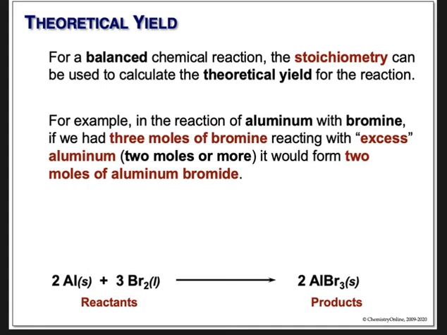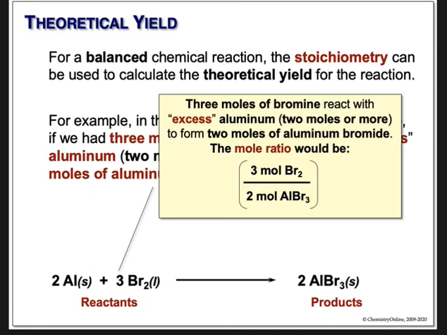If we have 2 moles of aluminum, excess bromine, so it's left over, we will get 2 moles of our product. That is our theoretical yield. Excess bromine with aluminum will form 2 moles of aluminum bromide. It's our mole ratio. Again, this is our theoretical yield.